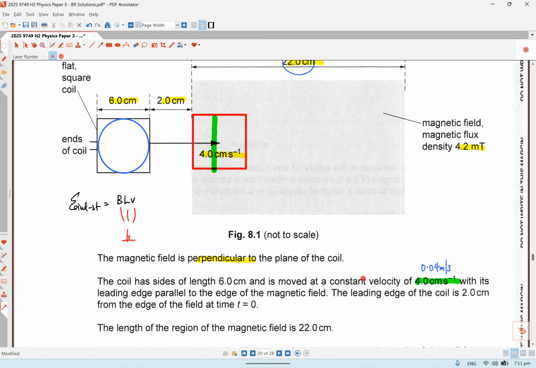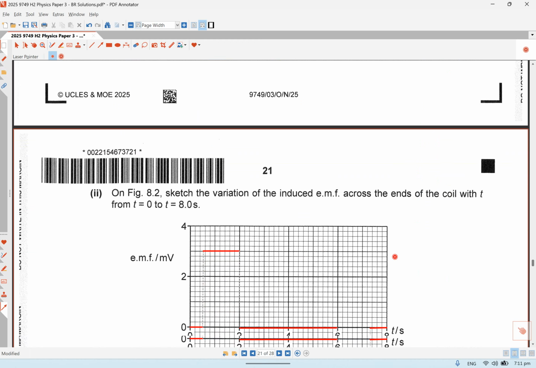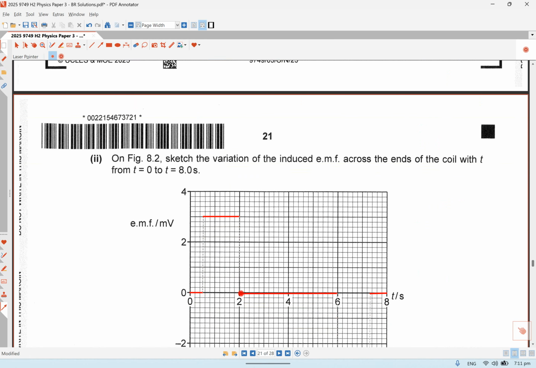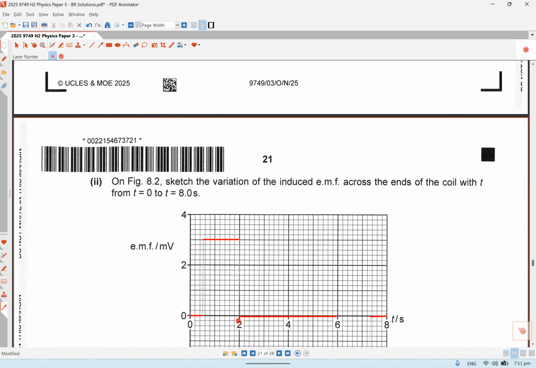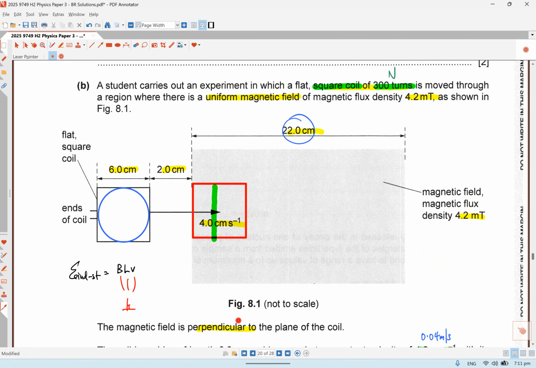And given the time, and given the speed, you can calculate the time. That means it's going to travel another additional 4 seconds. That's right. So when the coil is moving within the field, the EMF must be zero because there's no change in flux or flux linkage. So from here all the way right there, EMF must be zero.